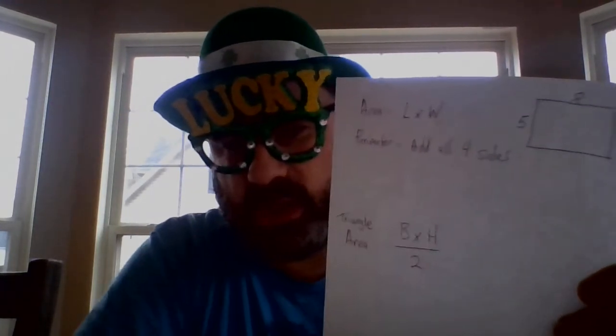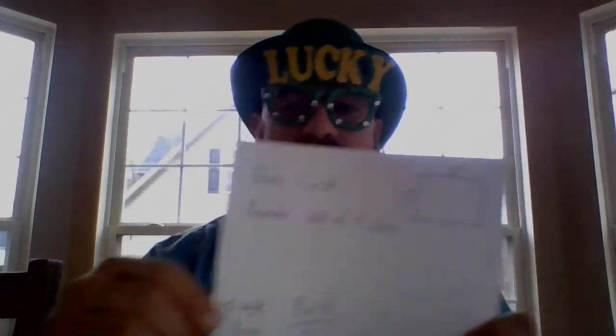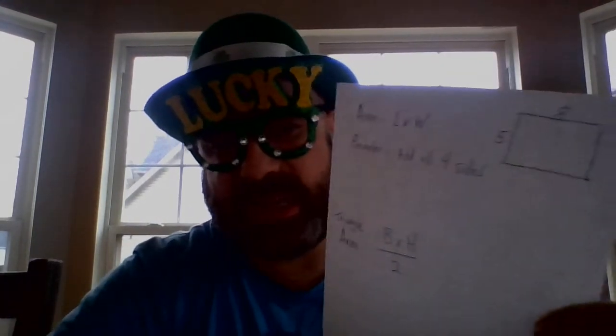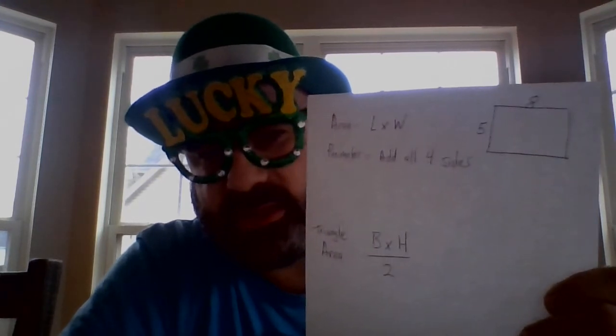Now, the second column on your worksheet is going to be the area, which is how much space is inside of a certain thing. So if this was a fence, the area would be how much space inside of the fence here. And to calculate that, you do L times W, or length times width. And on those, you just do 8 times 5.